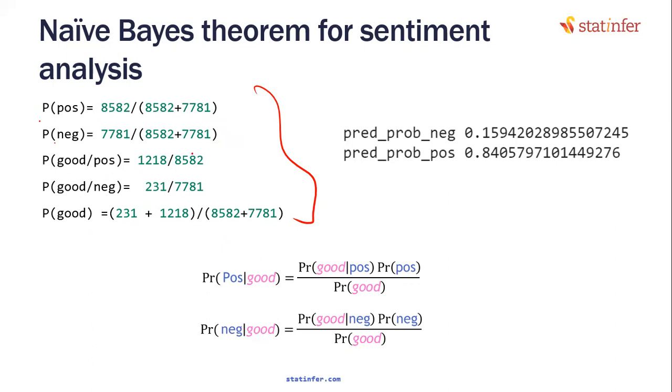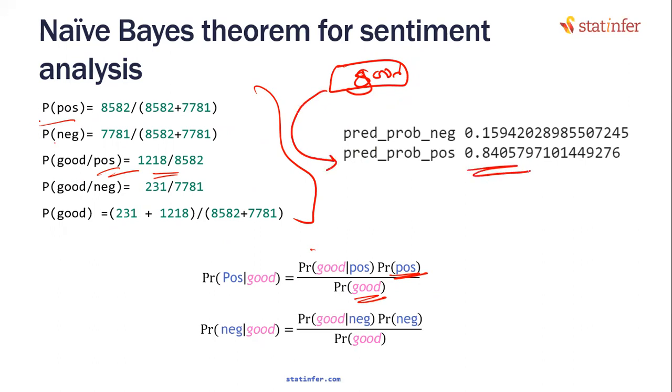When you substitute the probability of positive, the probability of good in positive, and the probability of good here, say somebody simply writes good, and that's the only word in the document, then that will give the probability of that document being positive.